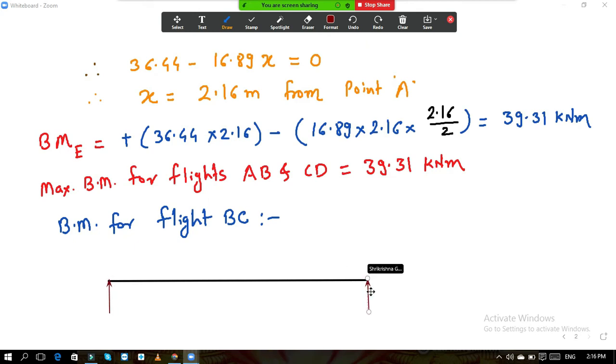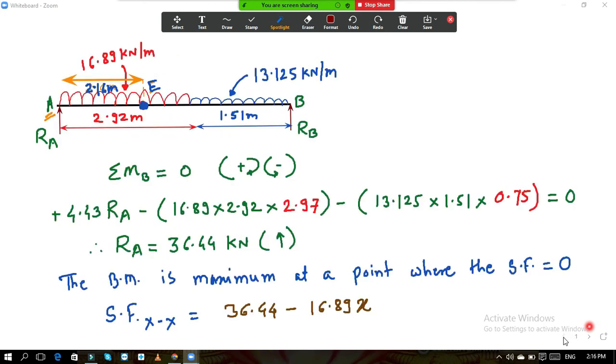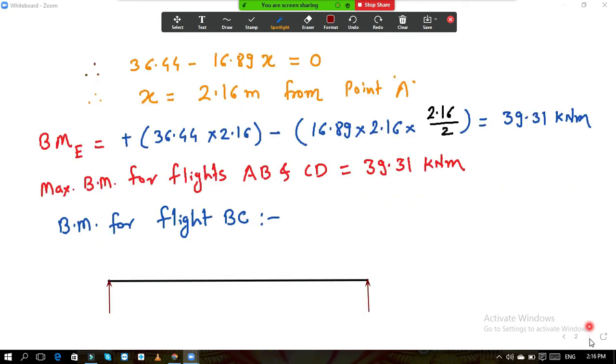Now again we need to see the distances. That diagram is right now not with me, but it is the center to center distance. You can see in the first diagram. What is the span? It is 4.43 meter. That is the total span.